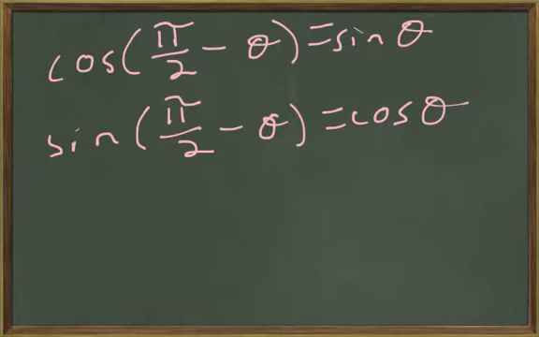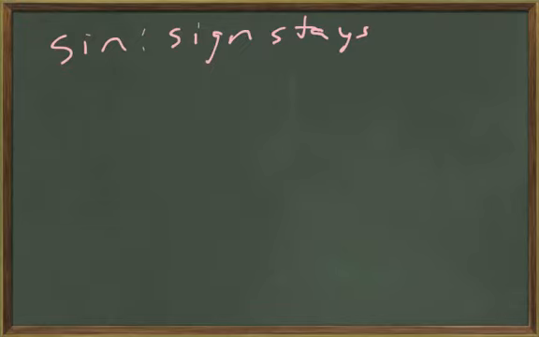Now, you know how I said with the cosine, if you were adding, you subtracted, and if you were subtracting, you added. With sine, the sign stays the same. So sine stays. Okay, there's a hidden G in between there.